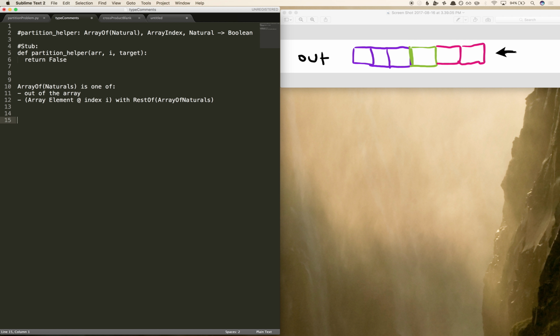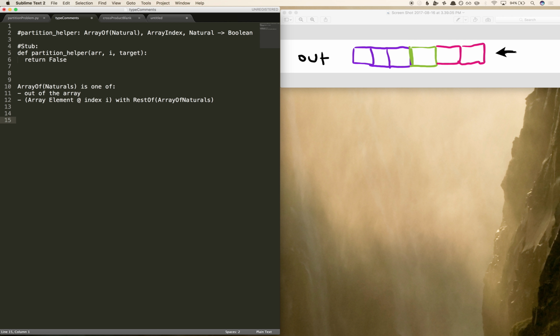When we're trying to do this partition, we find the sum of the array, we divide the sum of the array by 2, and then we check if we can hit that sum of the array divided by 2, and that's our target. And so the target is always decreasing. Our goal is that if we can get enough numbers such that the target hits 0, then we know we can partition our array into 2.